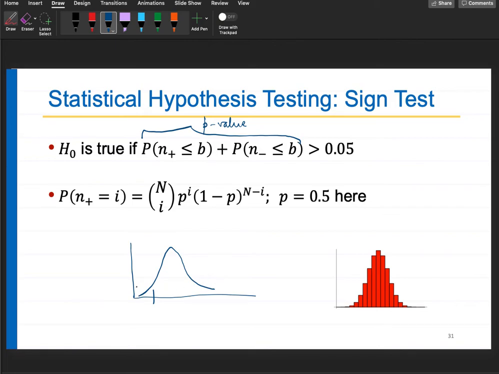Let me take an extreme example, something of this sort. If I get this value now, certainly my p-value will be larger than 0.05, right? I have taken such big steps that the quantization will bring so much into the p-value.